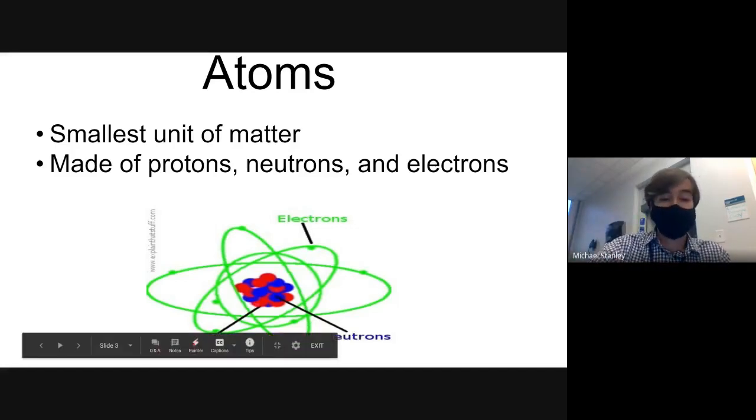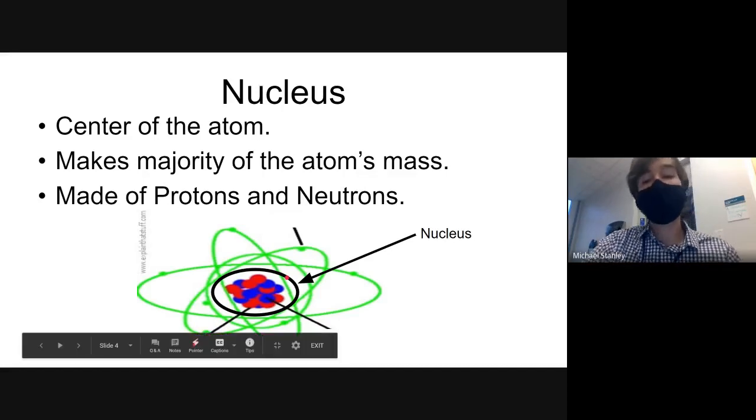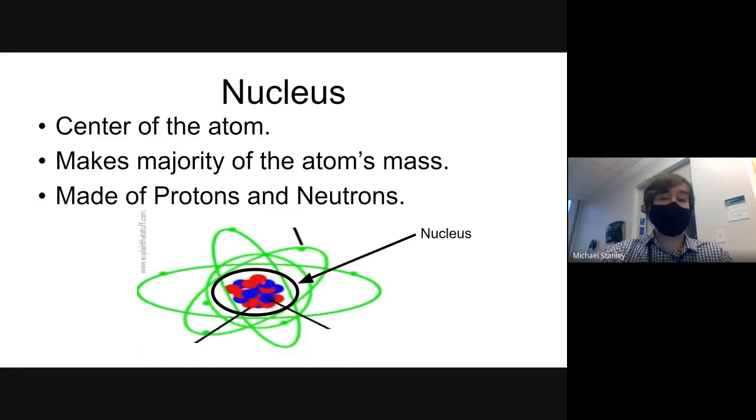Where the protons and neutrons are hanging out gets its own special name. It is called the nucleus. So the nucleus is the middle area of the atom. It's where the protons and the neutrons are hanging out with each other.